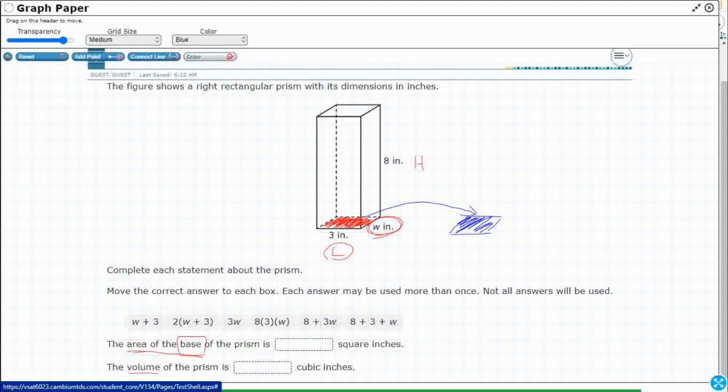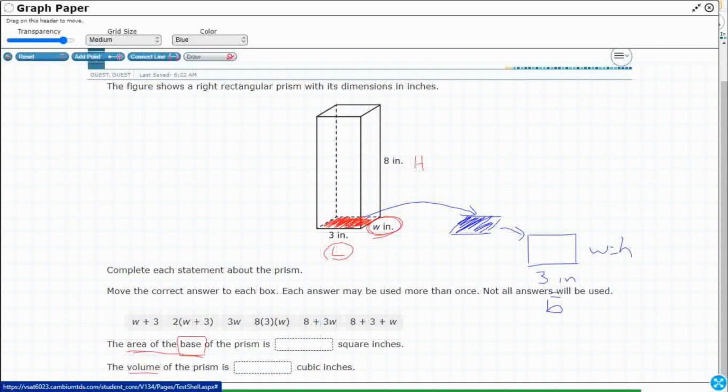And really, if it wasn't slanted backwards, it would be a rectangle like this, right? So what they give us is this 3 inches, and then they give us this W. But since we're looking at this as just a rectangle, we can also see that as the base and the height.